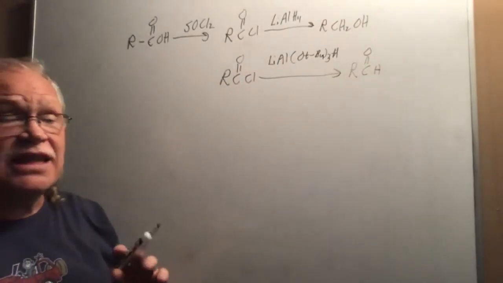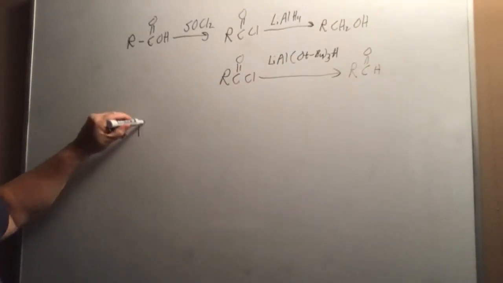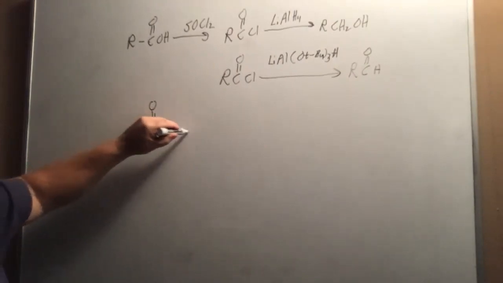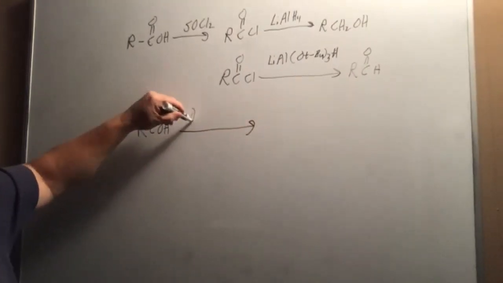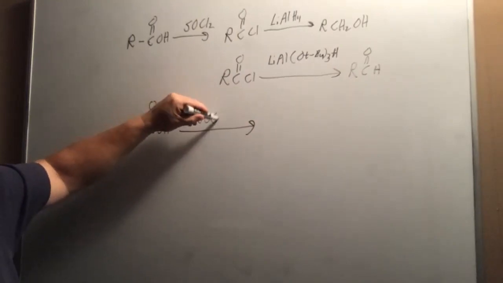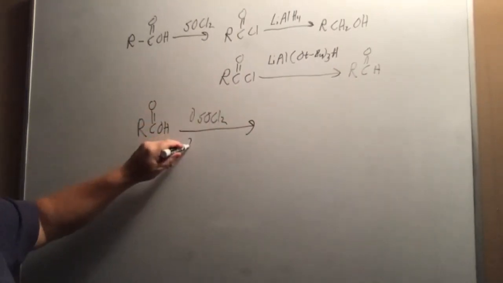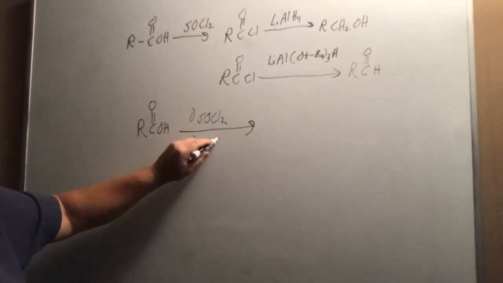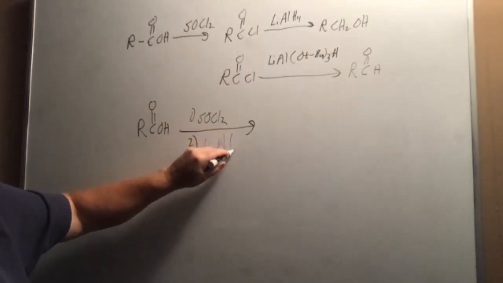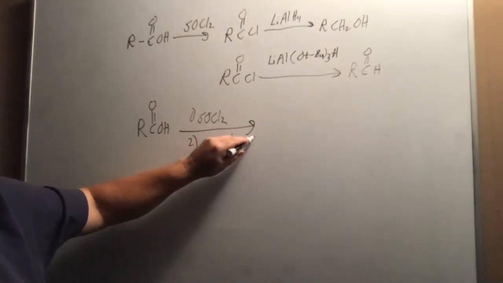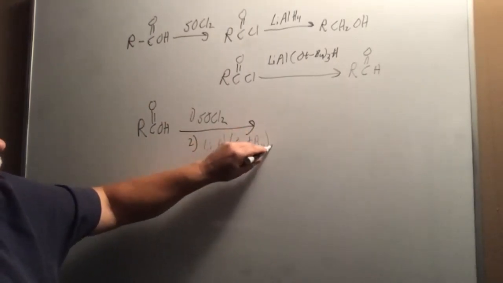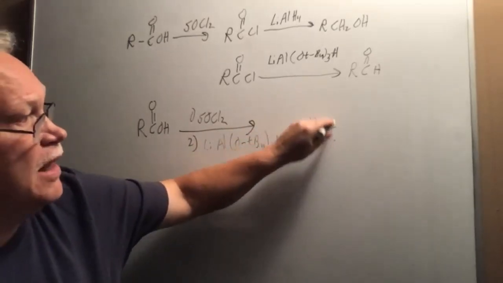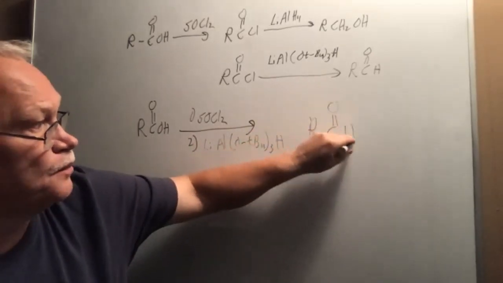So notice this series of reagents. If I take a carboxylic acid, and in step 1, I treat it with SOCl2, and then step 2, I treat it with this reducing agent. The product is going to be an aldehyde.